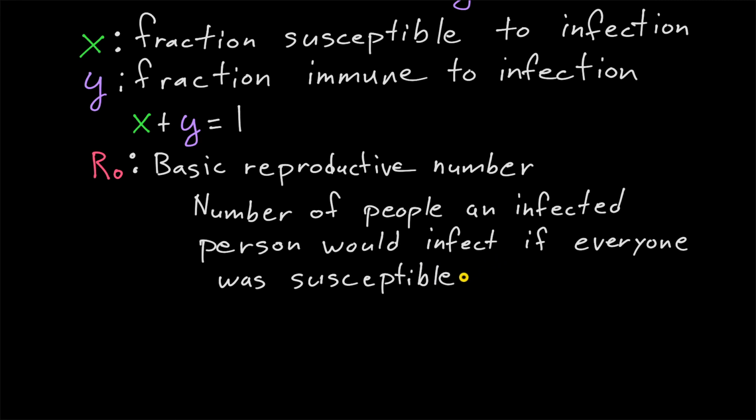So think about this definition for a moment. R naught is the number of people an infected person would infect if everyone was susceptible.